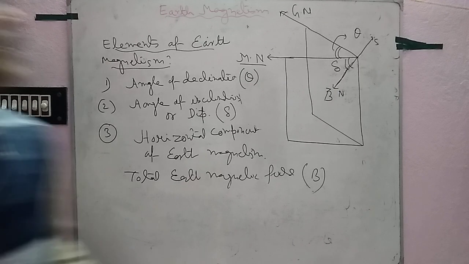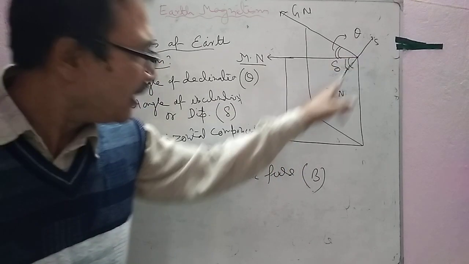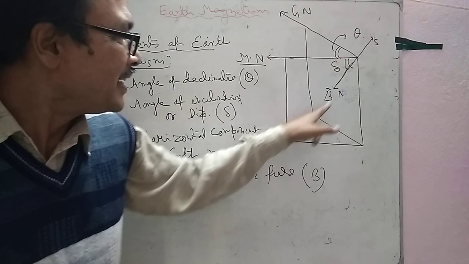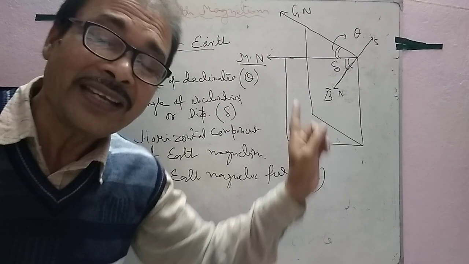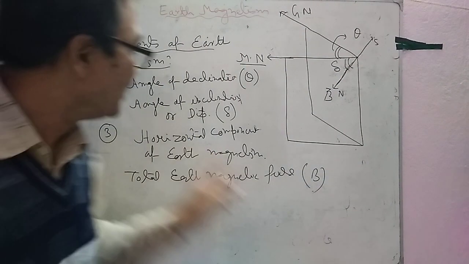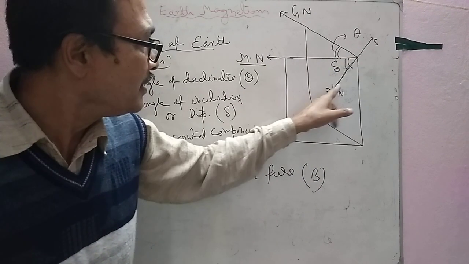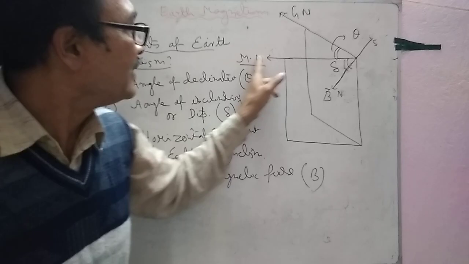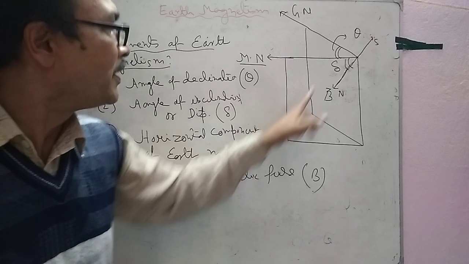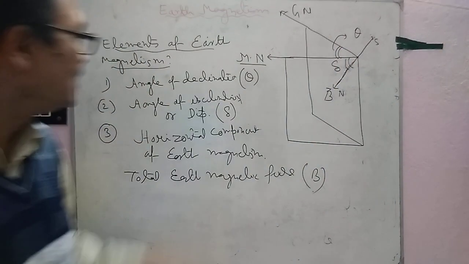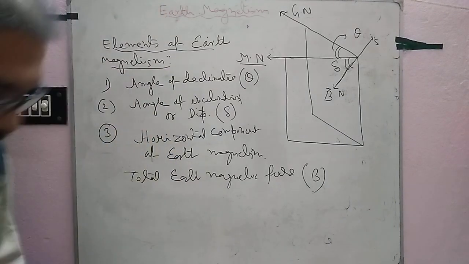So at any place, the angle between the total earth magnetic field and the horizontal plane in the magnetic meridian of that place is called the angle of dip. In this magnetic meridian, the total magnetic field is in this direction B, and this is the horizontal line. This horizontal line and the total magnetic field make an angle sigma. This is called the angle of inclination or angle of dip. Clear?